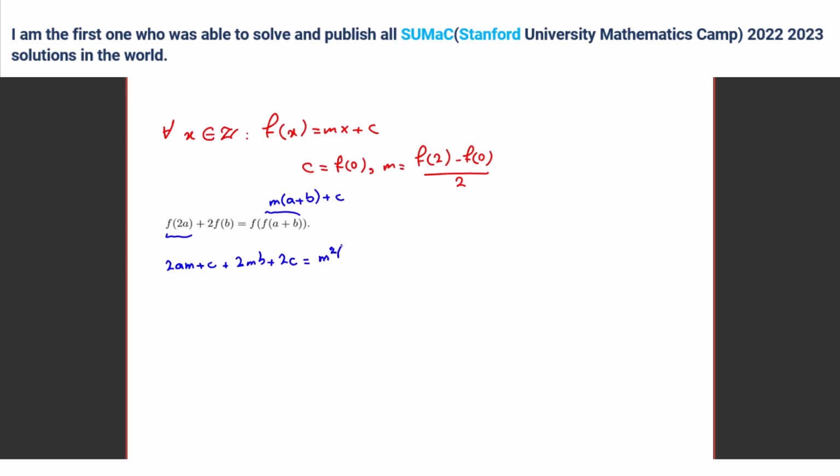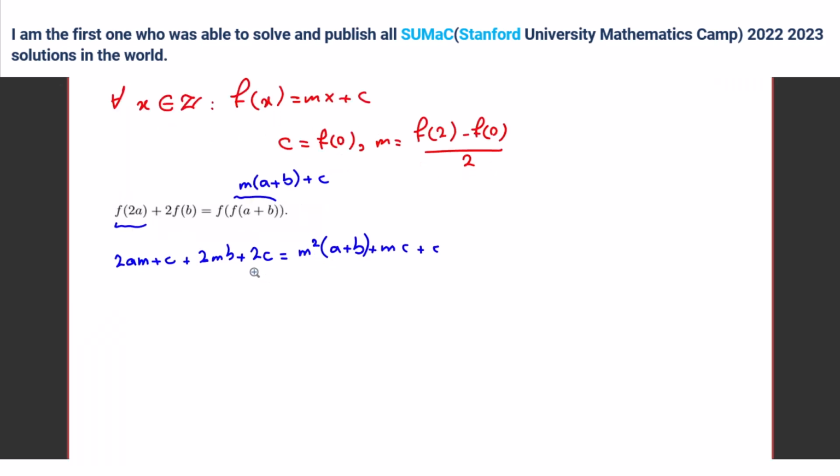Okay, then m squared times a plus b plus mc plus c, right? Agreed? Okay. So then we can cancel c from both sides, right? So 2am plus 2mb plus 2c is equal to m squared times a plus b plus mc.